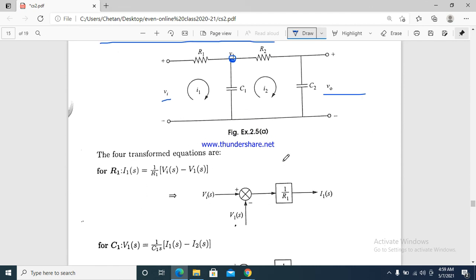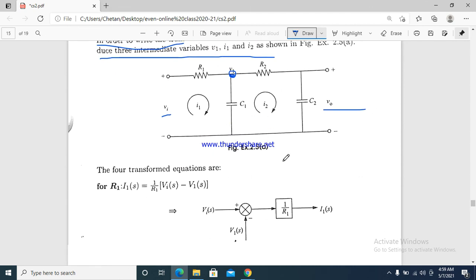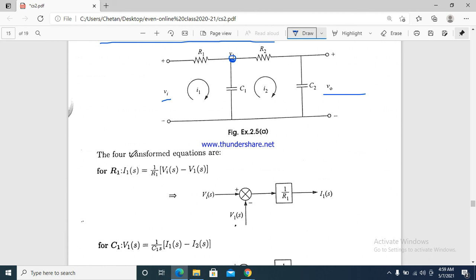For this circuit, I will draw the block diagram. The four transformed equations are written first. For resistor R1, how can we write the expression for I1 of S?